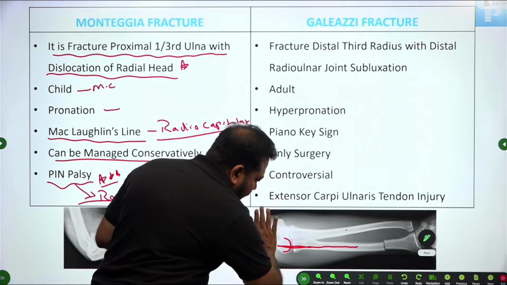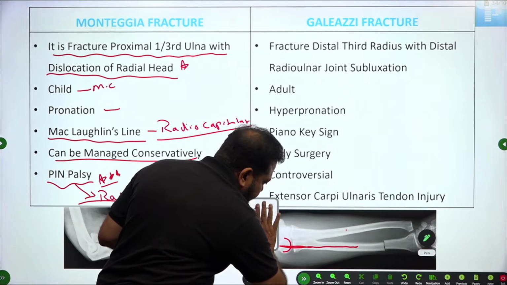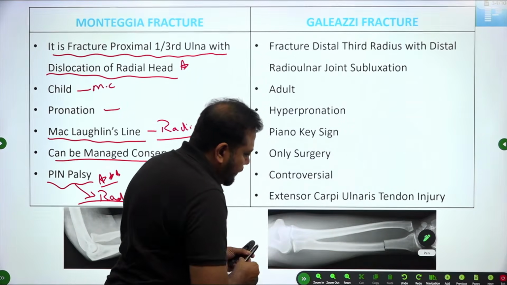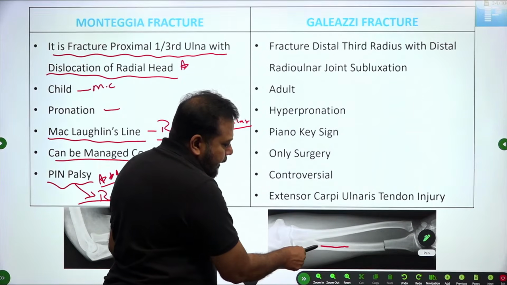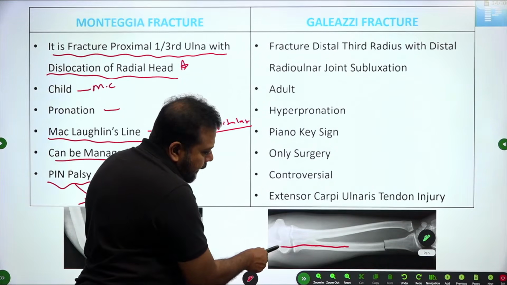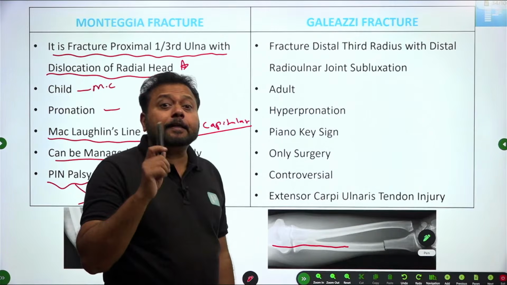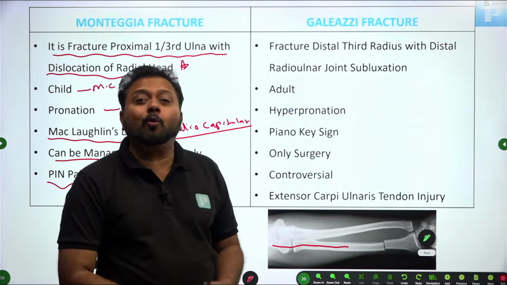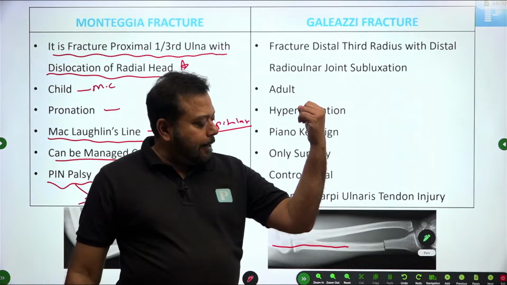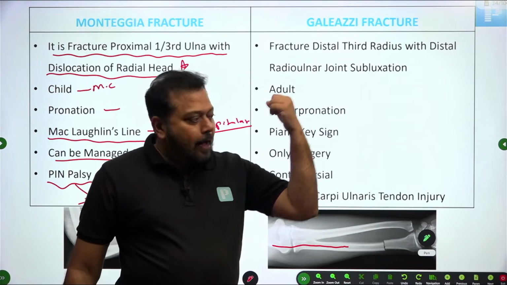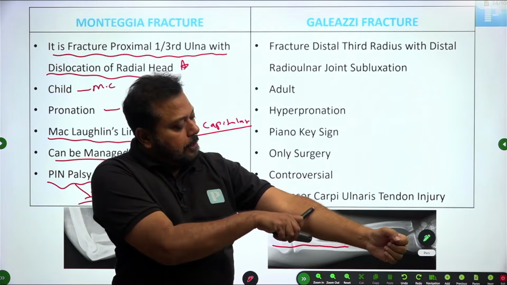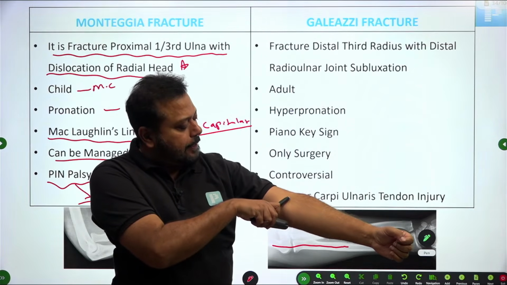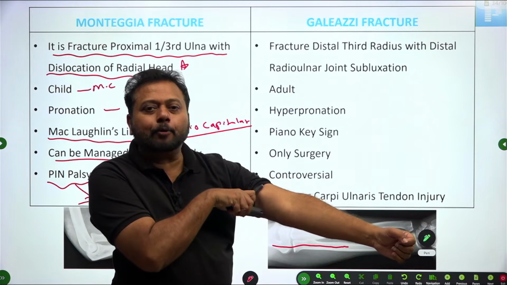I will rub and again I will draw. When I draw a line along the mid axis of the radius, this will go and cut the capitulum irrespective of the position of the elbow. Whether I keep the elbow in flexion or in extension, when I draw a line along the mid axis of the radius, this will go and cut the capitulum.